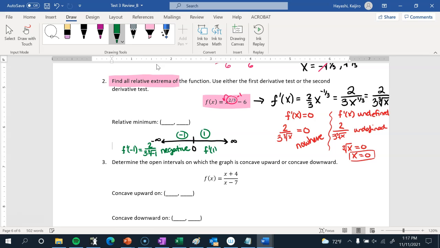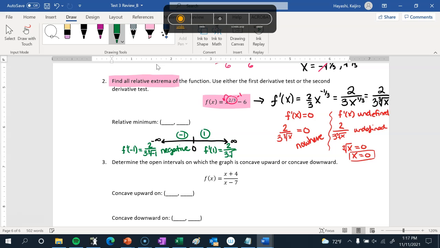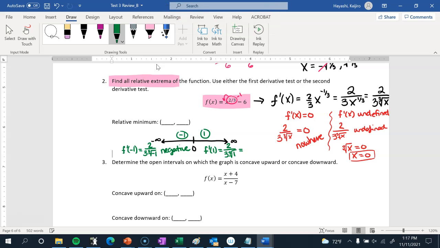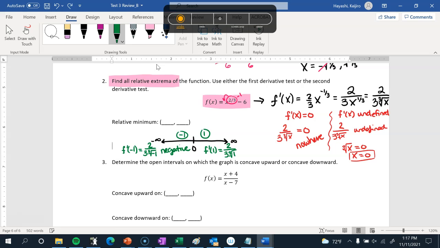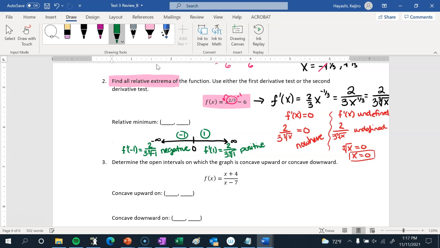Now if you do the same for 1 on the right-hand side, 2 over 3 cube roots of 1, that's just a quotient and product of positive numbers, so this is going to be positive. This information from f prime refers to whether the original function is increasing or decreasing.